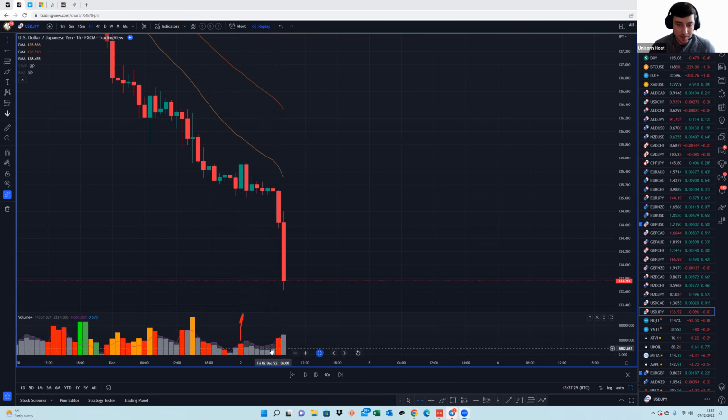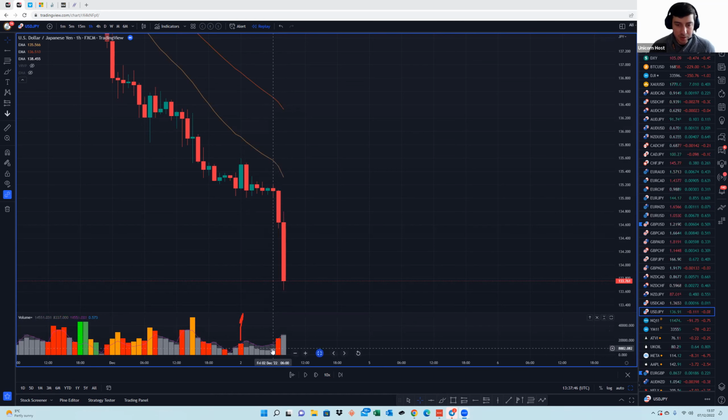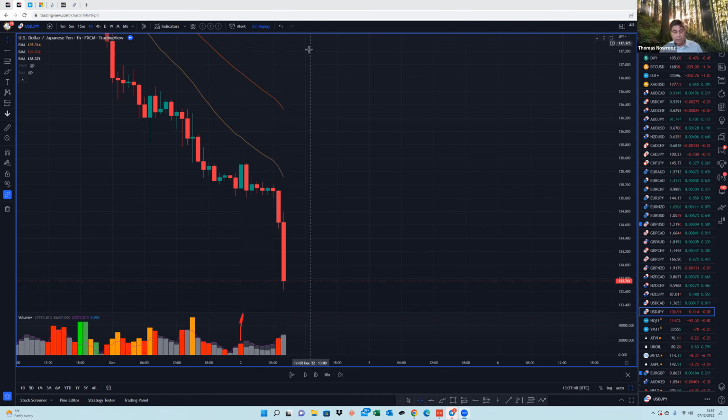Now, if I move my cursor to the right, do you have more volume than that top volume? Yes. If I move my cursor to the right again, do you have more volume over here compared to here? Yes. So you're simply saying that there is more volume at the bottom than at the top, telling you there is more buying pressure at this stage, correct? Yes. Okay, so that's where you begin to say there is more buying pressure from day one.